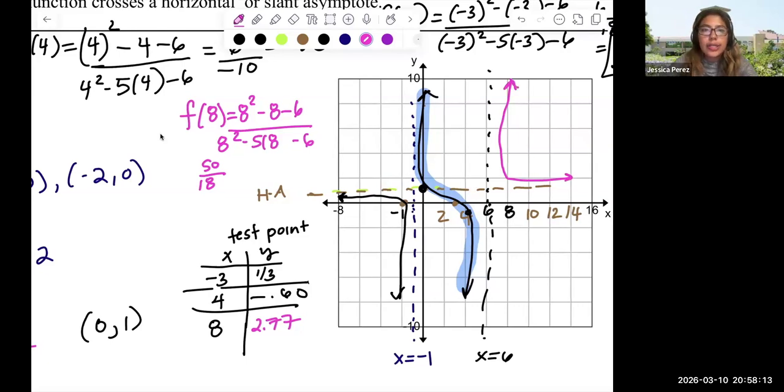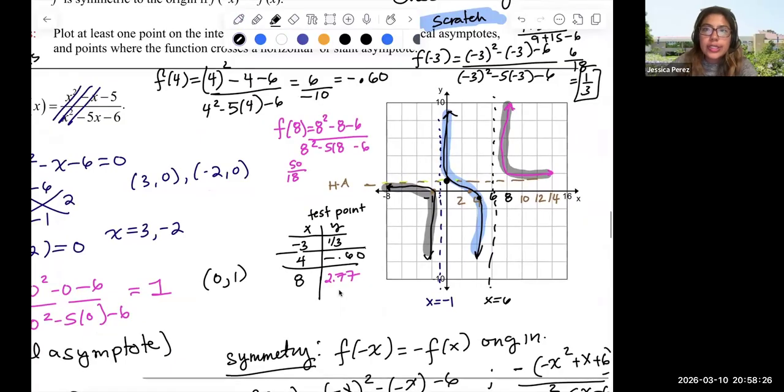So the last part is to actually graph this on your calculator. So we are going to check using our graphing calculator. So let's do that together. I'm going to open up the TI-84. Once you've done all of the values, you are able to use your calculator on the test and check and verify.